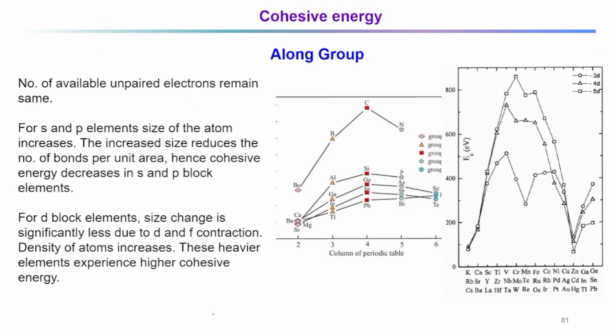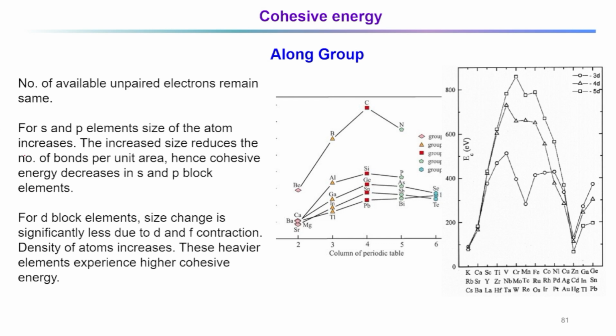Now let's see what the trend is along a group. Along a group, the number of available unpaired electrons remains the same. If you go from top to bottom of a group, the shell is the same, valence electrons are the same, so the number of available unpaired electrons is also the same, right?